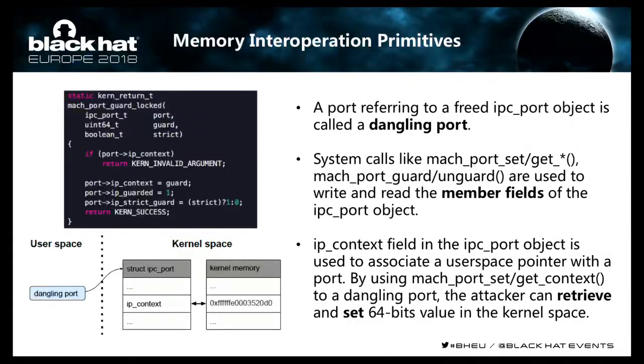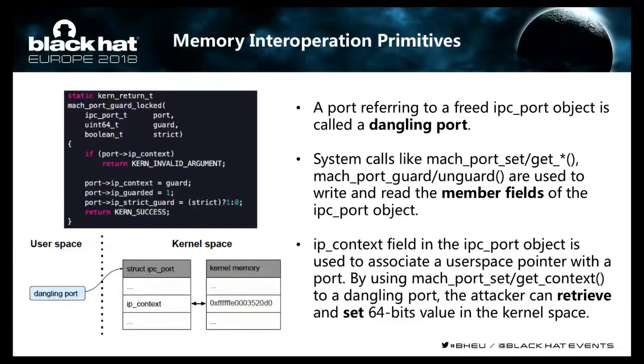Another example is limited kernel memory read and write. Just like a dangling pointer, a port referring to a freed IPC port object is called a dangling port. System calls like mach_port_set or get_mach_port_guard, and some other APIs, can be used to read and write the member fields of the IPC port object.